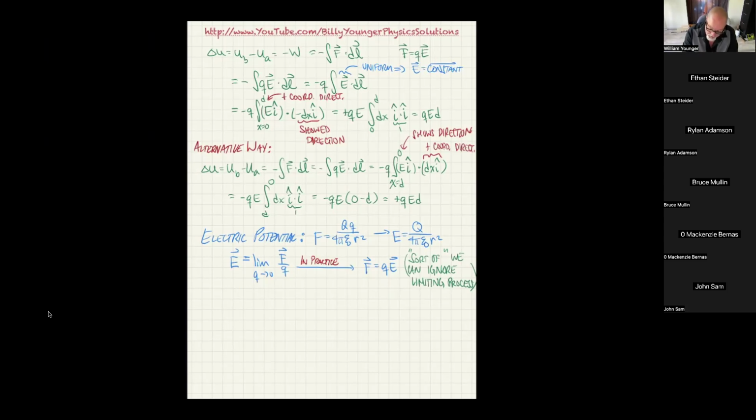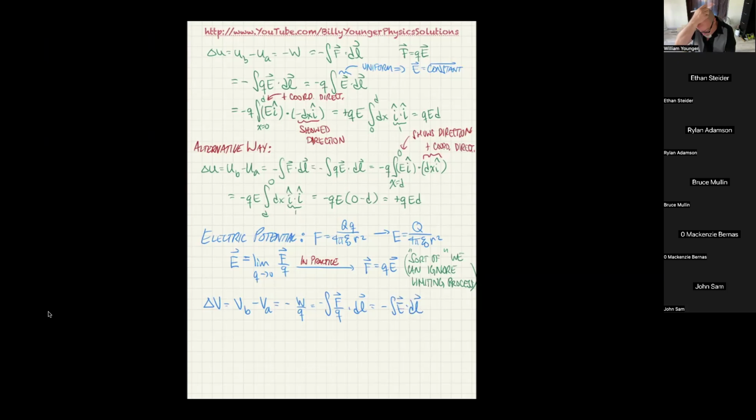So now what I'm going to do is I'm going to say delta V, which is VB minus VA, is equal to the negative of the work done divided by q, which equals the negative of the integral of F over q dot DL, which equals the negative integral of E dot DL.